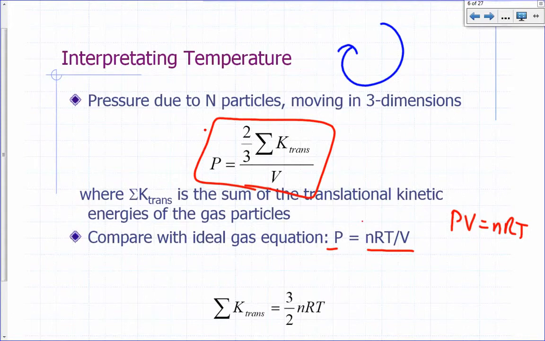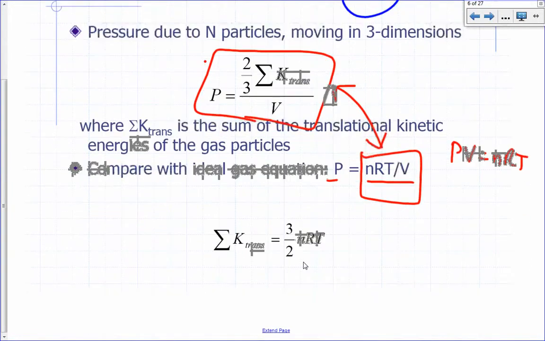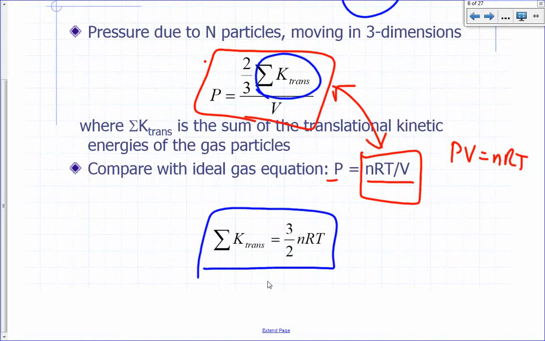If you compare these two, you can solve for the sum of the translational energies, and it should be a simple matter to show that the sum of the translational kinetic energies is equal to 3/2 times n times R times T.